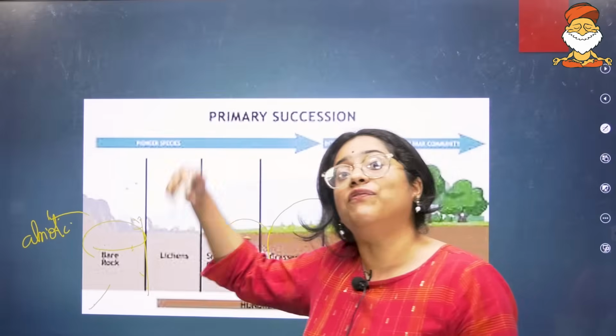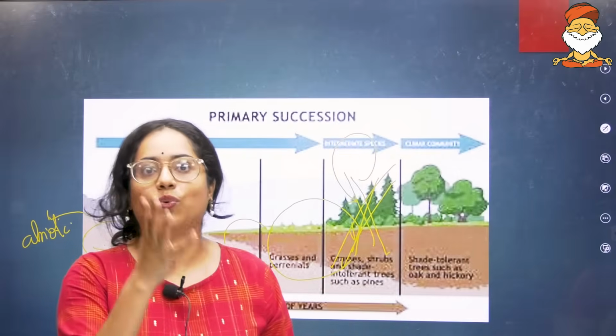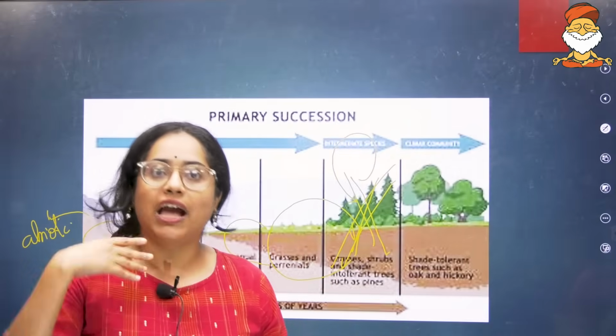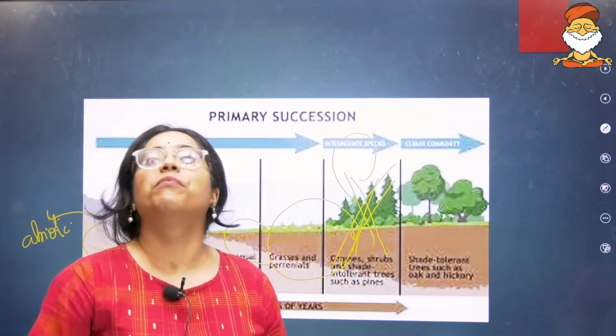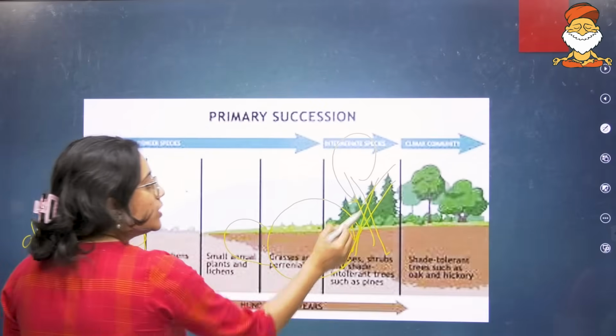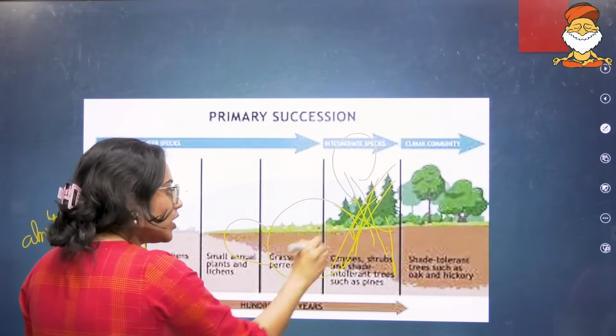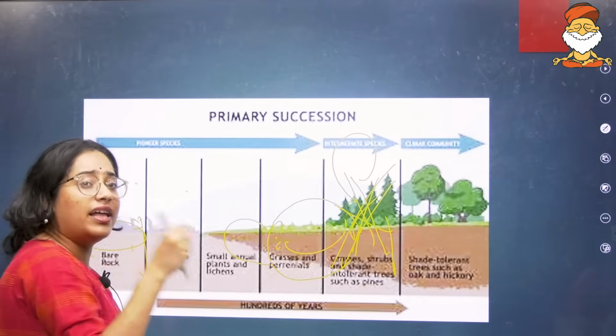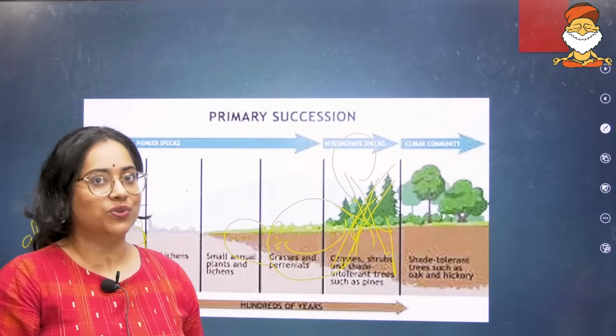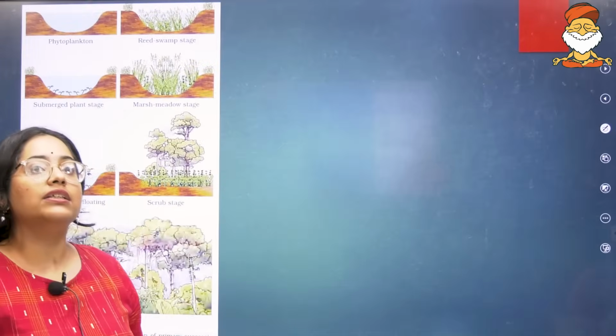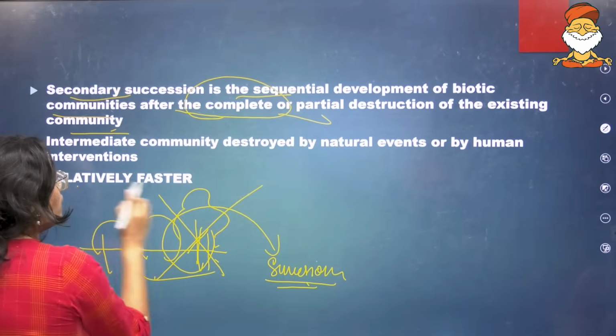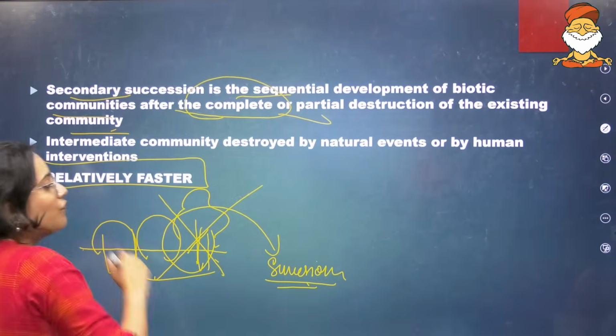It will never go back to a time where it was just bare rock, or where there was no community, because by the time this gets destroyed, the seeds and some parts of the previous community will be left over. This is the reason why secondary succession is always relatively faster.